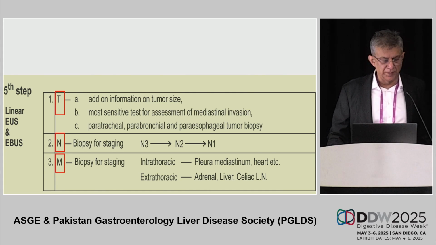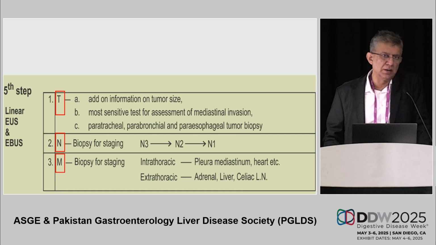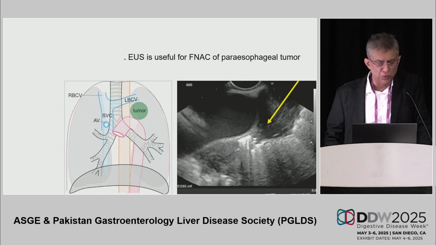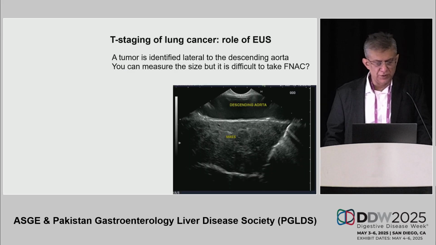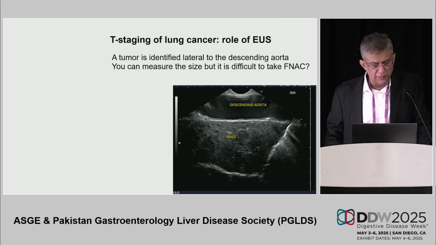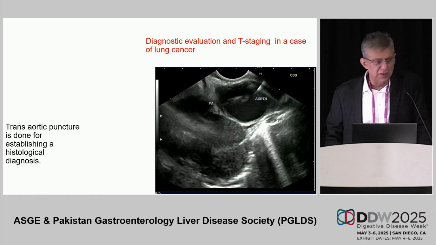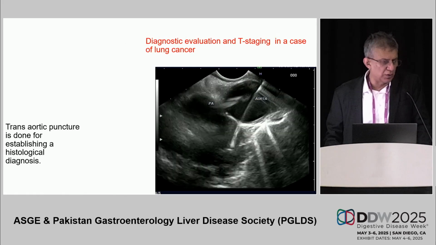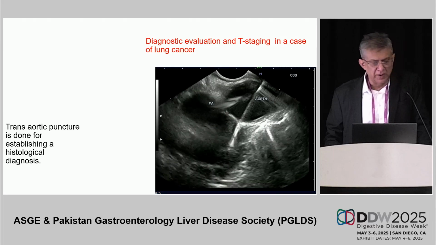So then the next step comes, T and N and M staging in a lung cancer. We want to know more about the tumor, more about the nodes, and more about the metastasis. Like this is a tumor lying at the upper border of the arch of aorta, lying lateral to the arch of aorta, and we can see it, but it is difficult to take FNAC. And in this case, we are going to go through the aorta to take an FNAC of this mass and be able to evaluate.